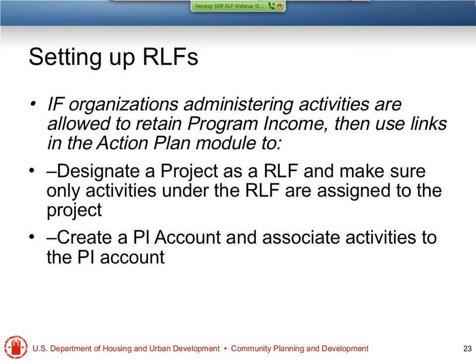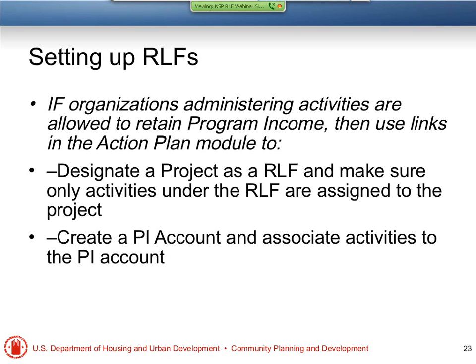Right, so this slide, setting up RLF, is a little bit of a repeat of what I just mentioned. That is, if you are administering an activity and you're allowed to retain the program income, you can use the action plan module within DRGR to designate a project as a revolving loan fund. And here it says to make sure that only activities under the RLF are assigned to the project.